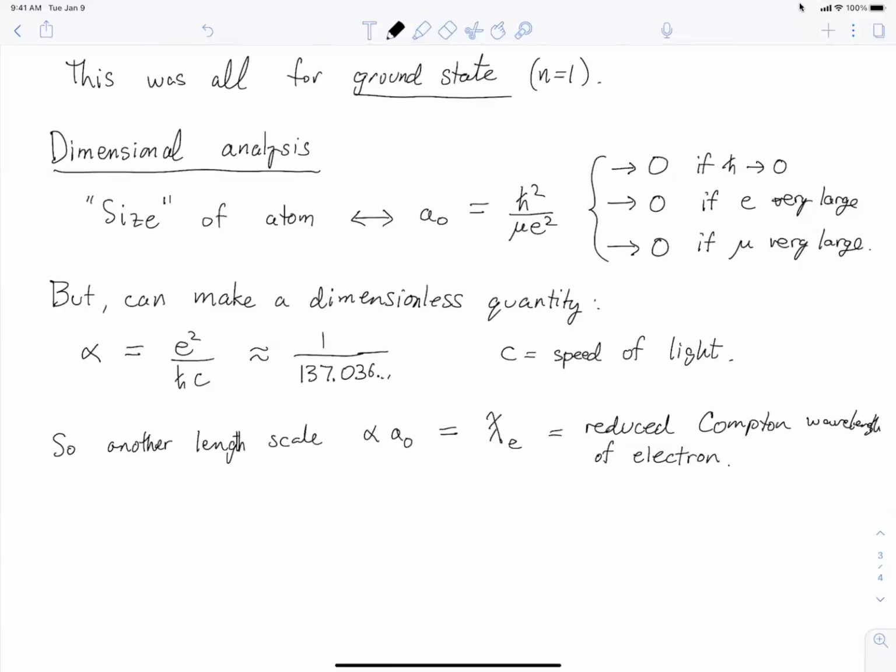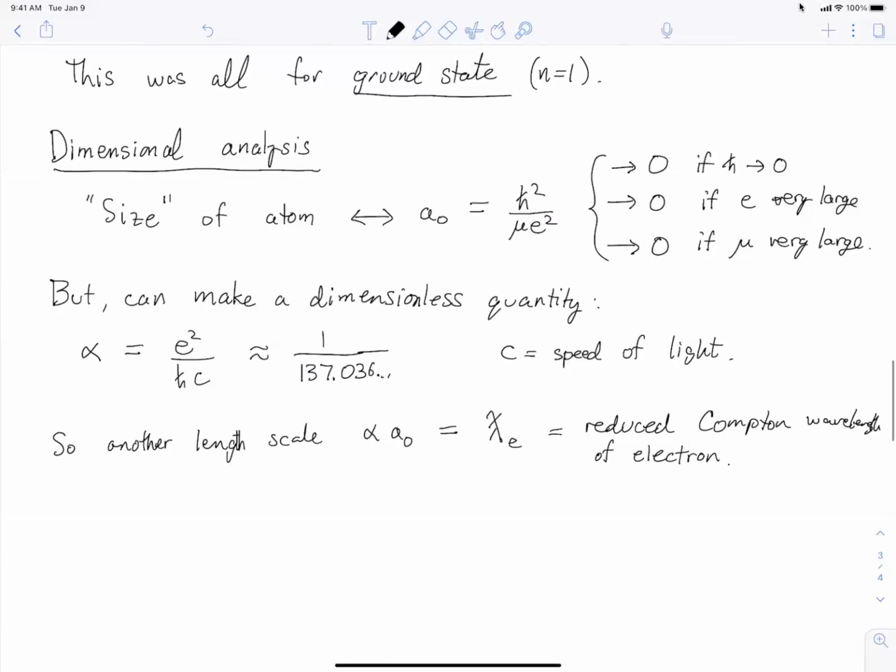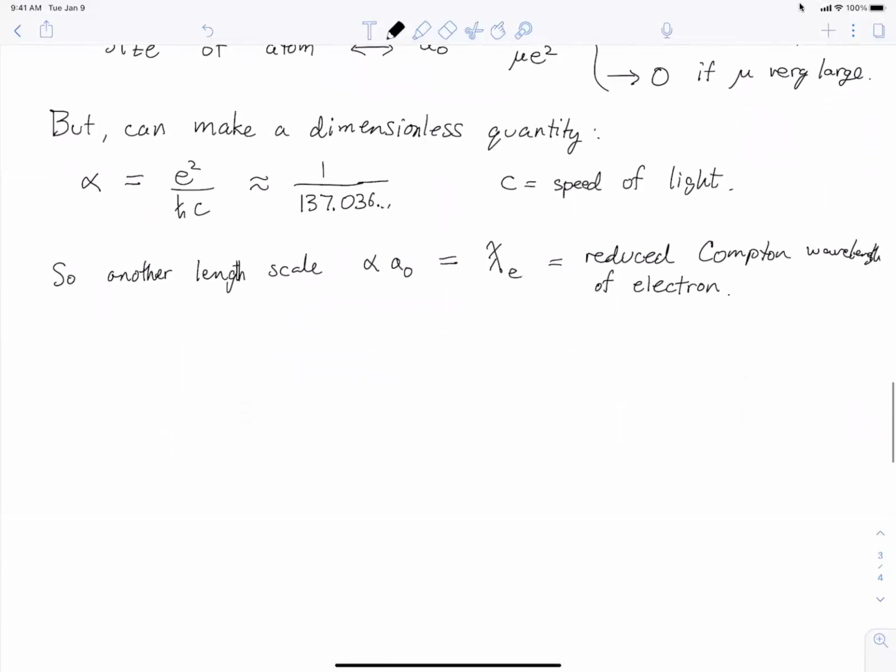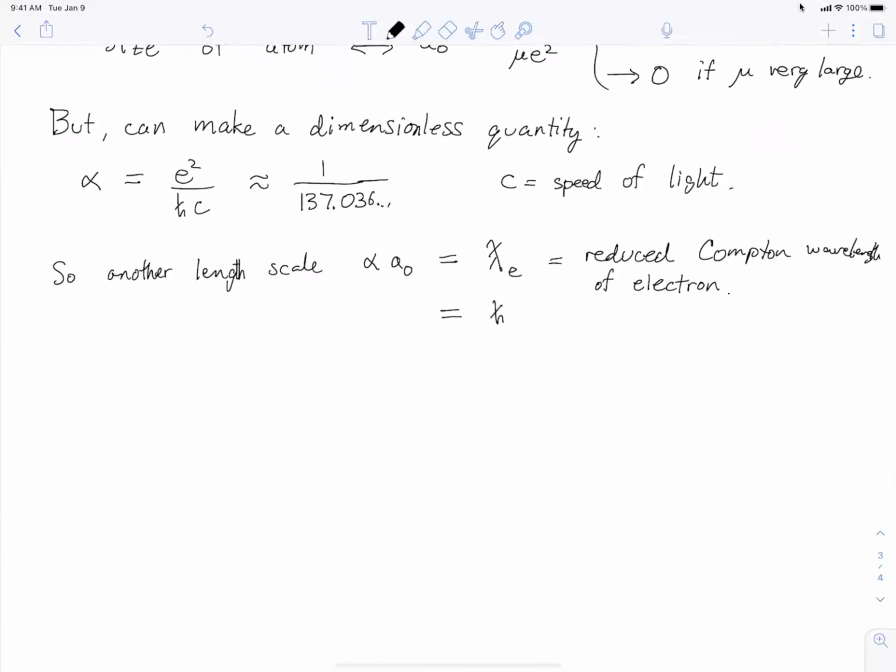Dimensional analysis doesn't tell you where to put factors of 2 or pi, and so you could have defined it that way. But in any case, this one is h bar over the mass times the speed of light. Okay, and that's about 3.86 times 10 to the minus 13 meters.